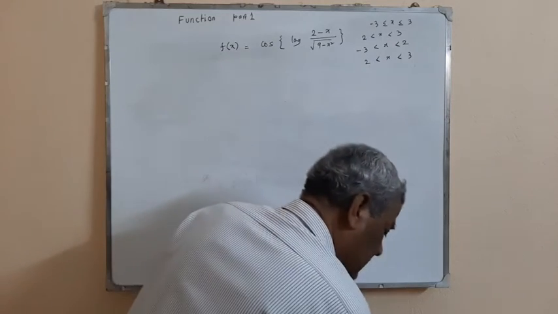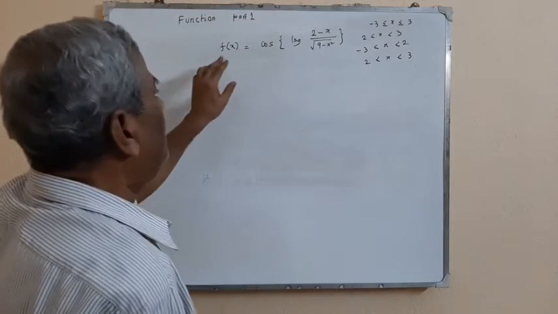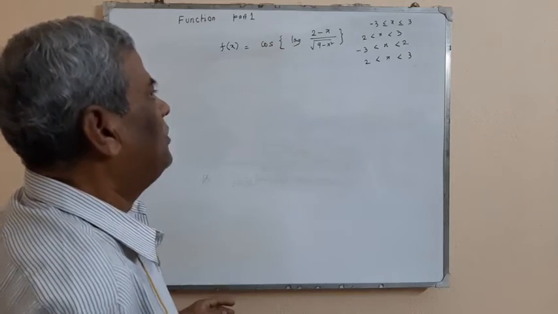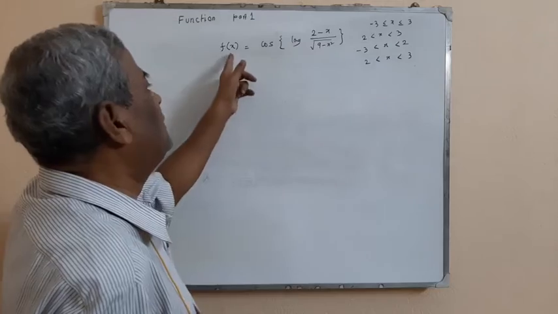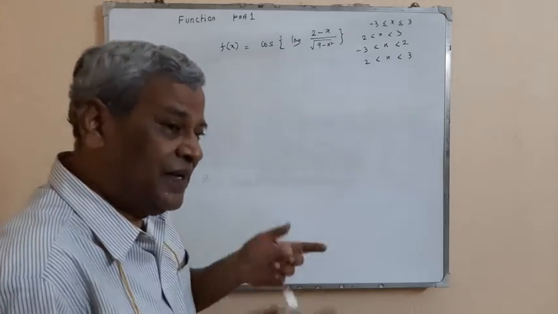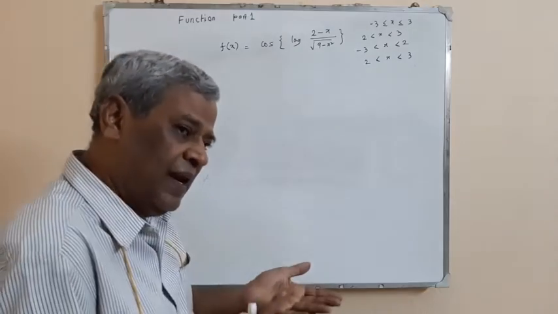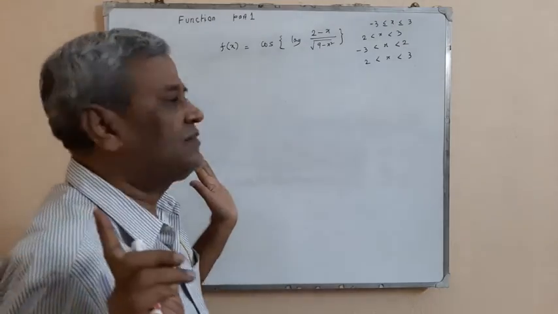We have to find the domain of definition of this function, meaning the values of x for which the function is defined. Defined means it must be real and finite.